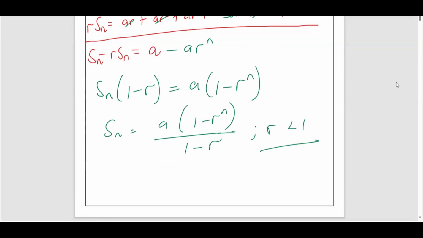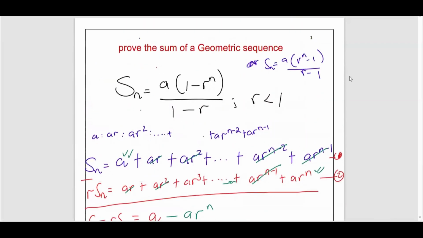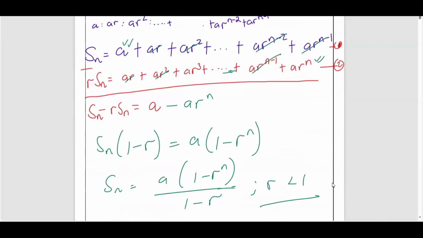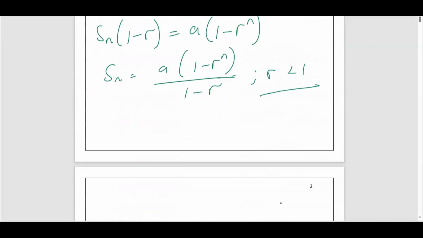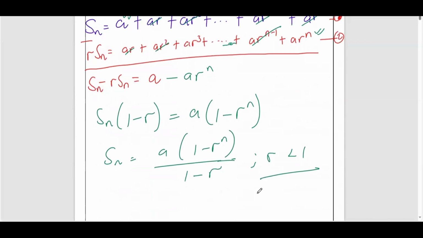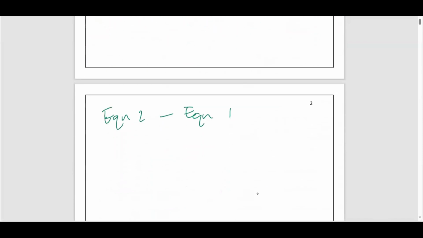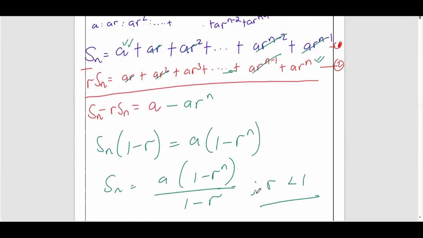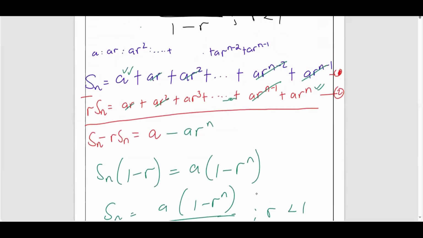Now, to get the other format where the r^n comes first, you'll have to take equation 2 minus equation 1. So it's going to be r Sn − Sn. Remember, we're just canceling everything.